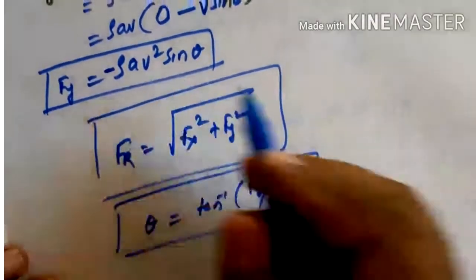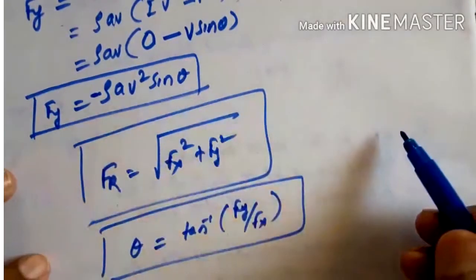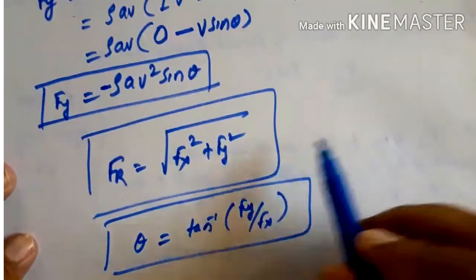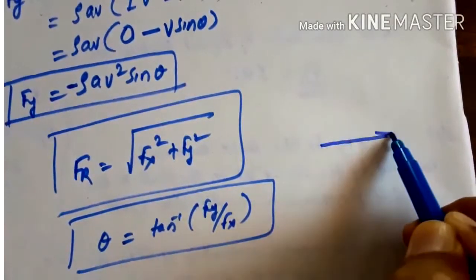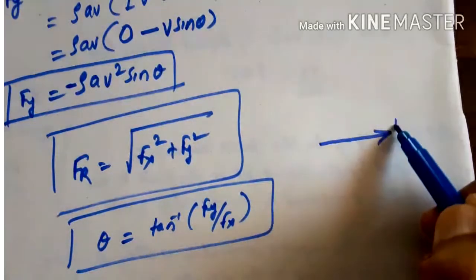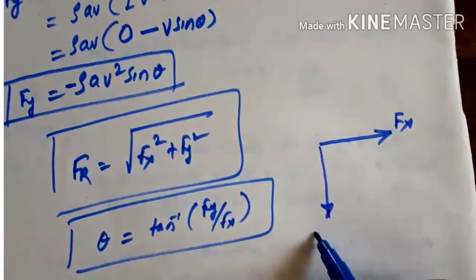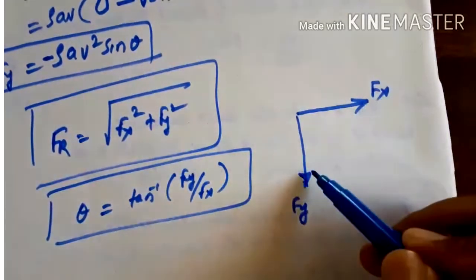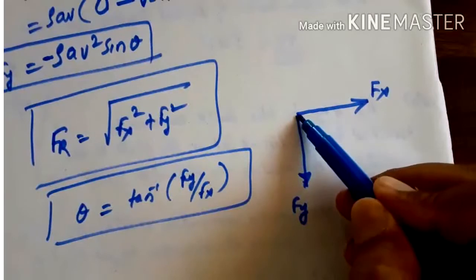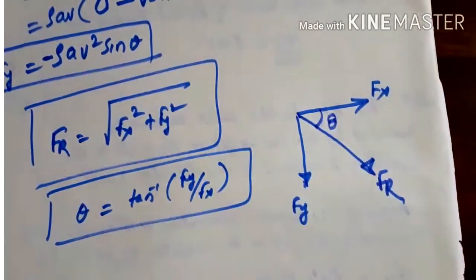Finally, how can it be represented? This is Fx and this is Fy. The resultant of these two is F, and this is the angle theta.